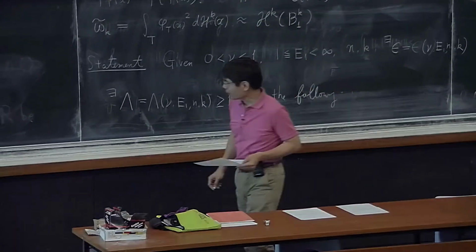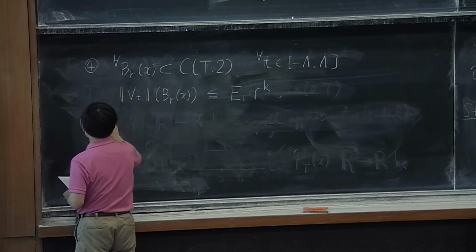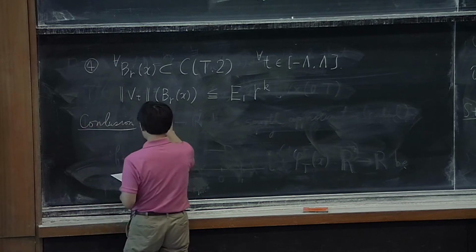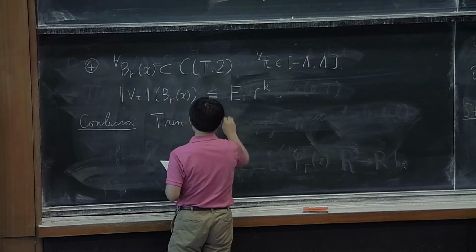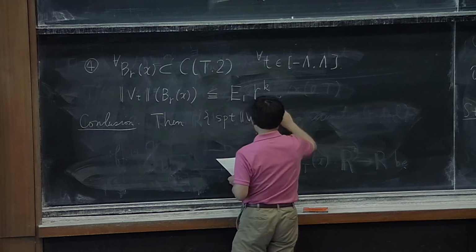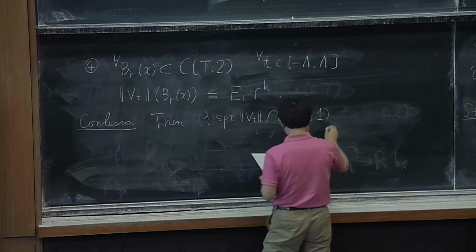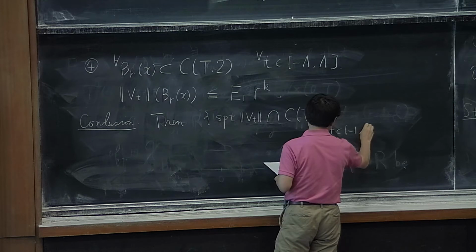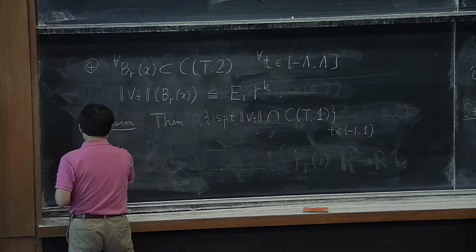Okay. The conclusion, now that's it. The conclusion is that we have this support of Vt intersected with the cylinder of radius 1, say where t is between minus 1 and 1, so near the center in space-time, is in fact smooth.